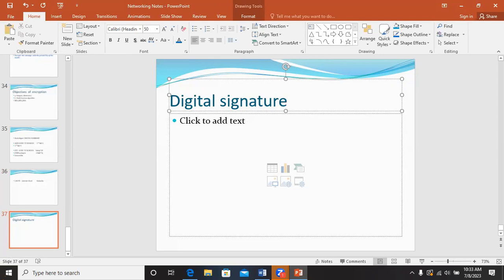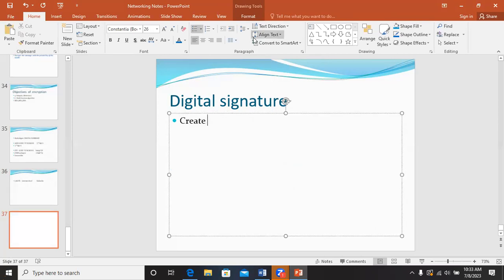So what we do is, number one, you create a digest, or the hash, of a message. Then you sign the hash, so you encrypt the hash with the private key of the sender.